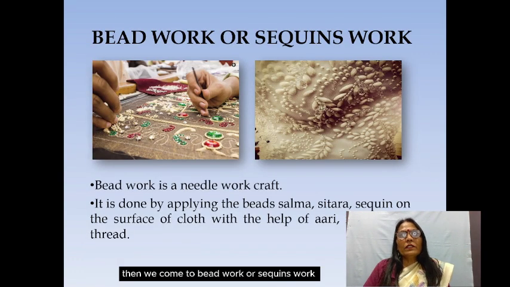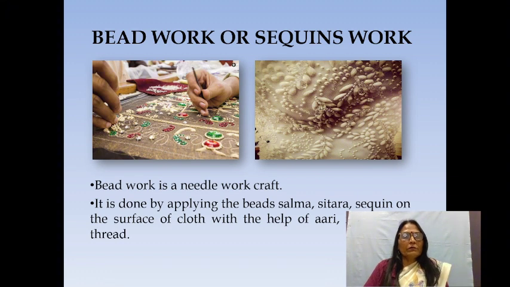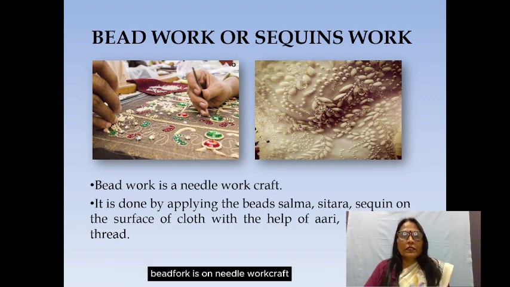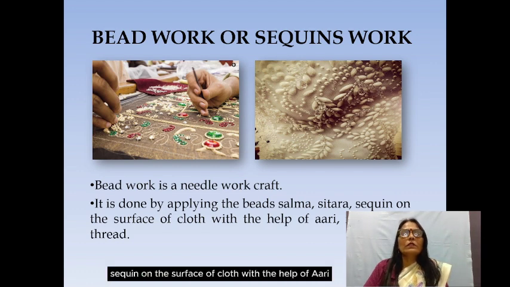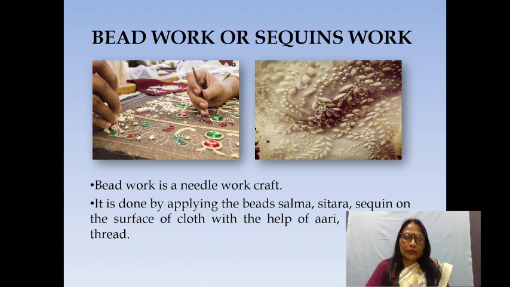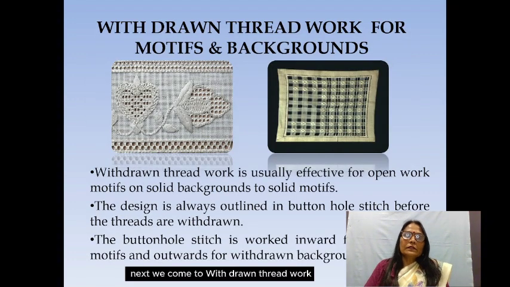Then we come to beadwork or sequence work. Beadwork is a needlework craft. It is done by applying the beads, salma, sitara, sequin on the surface of cloth with the help of ari, needle and thread. Next we come to withdrawn thread work for motifs and backgrounds.